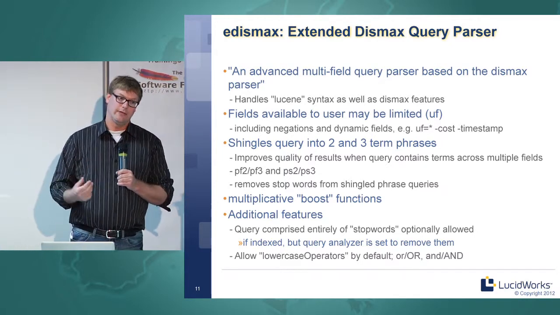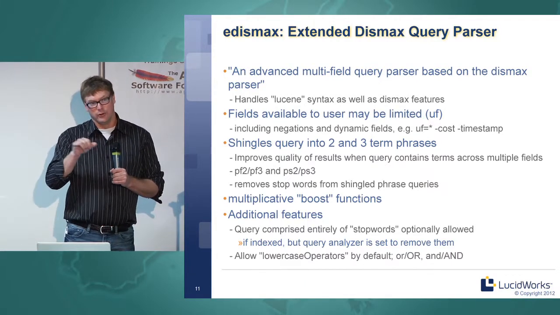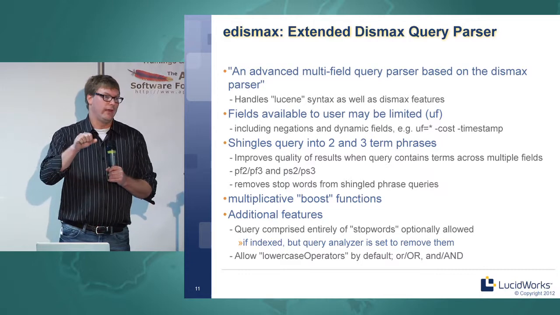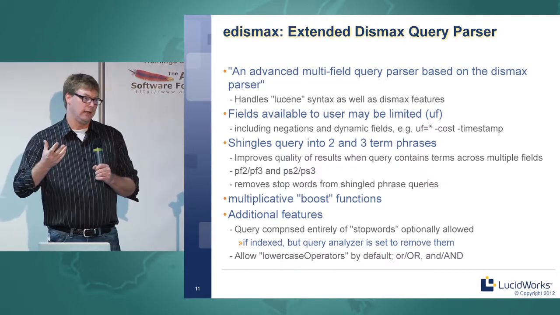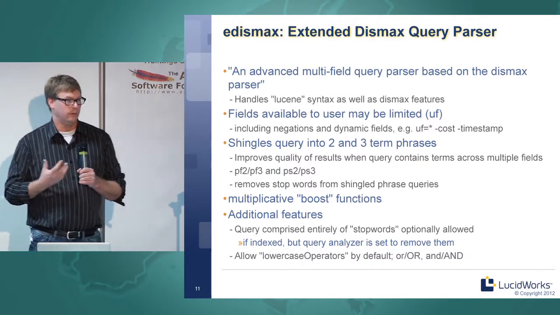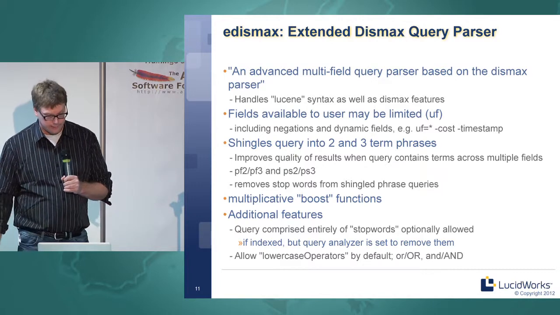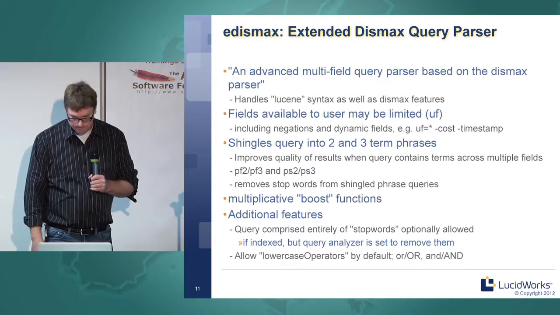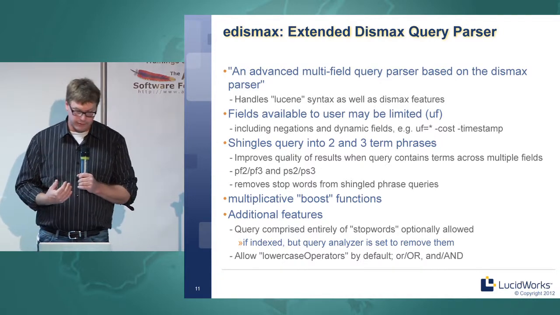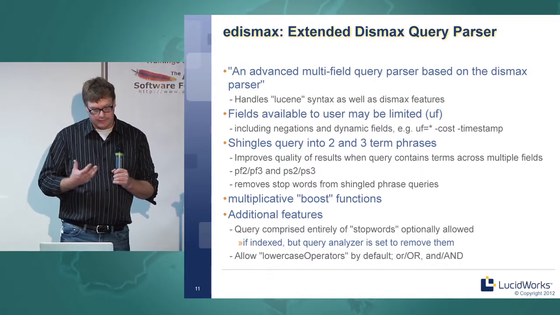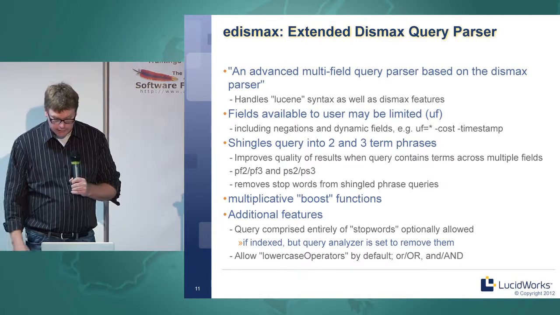With this PF2 and PF3, you have a much better chance of catching 2 and 3 word combinations that may appear in individual fields, and the relevancy will be drastically improved when those types of matches occur. So that's a really nice feature in the extended Dismax. Also, stop words get removed from the single phrase queries because it's just a nice way to bring those things in and make sure that they count when needed.